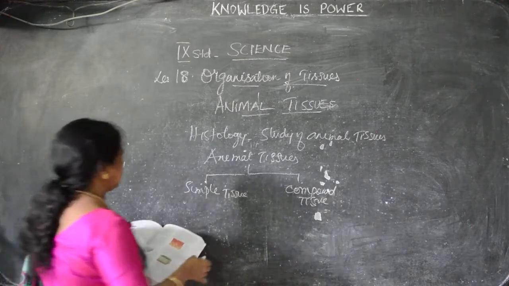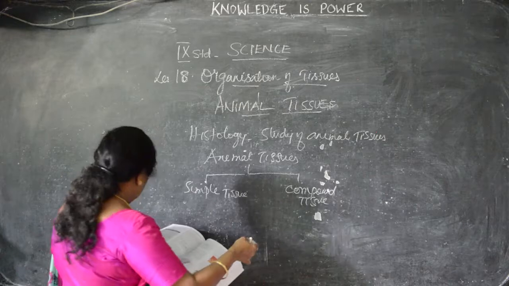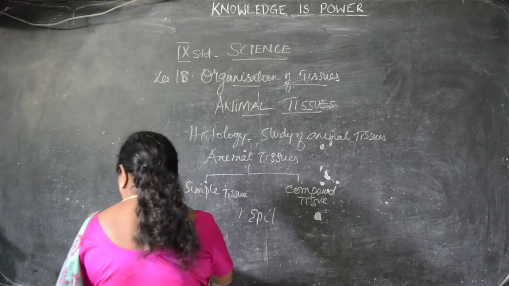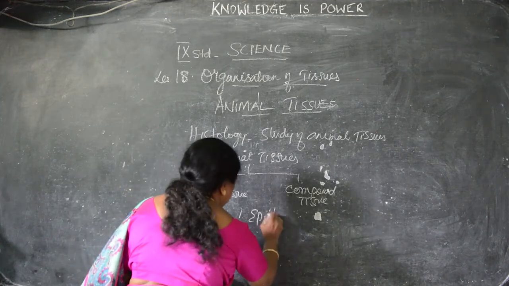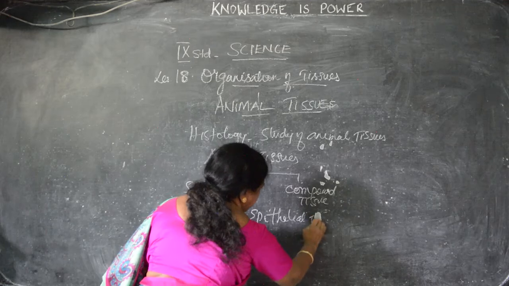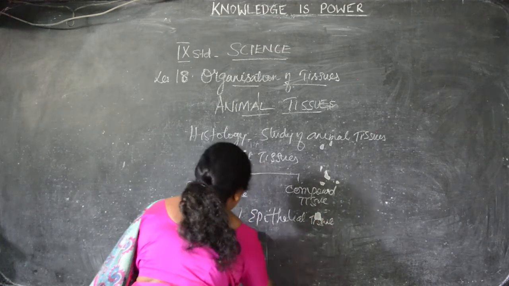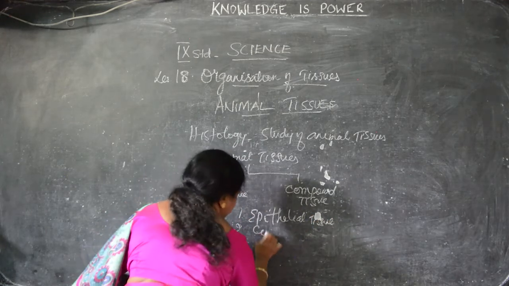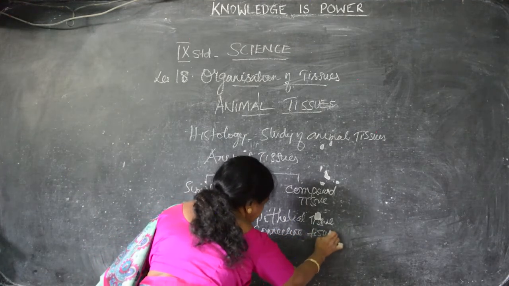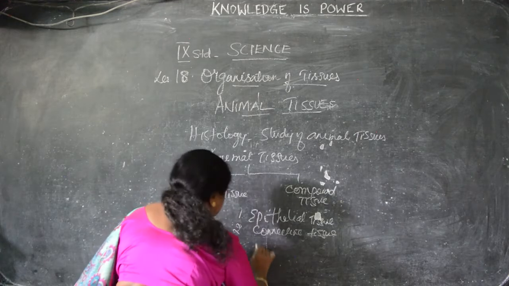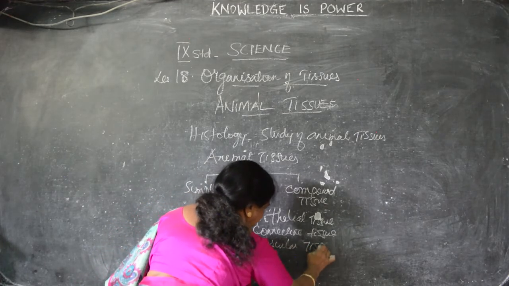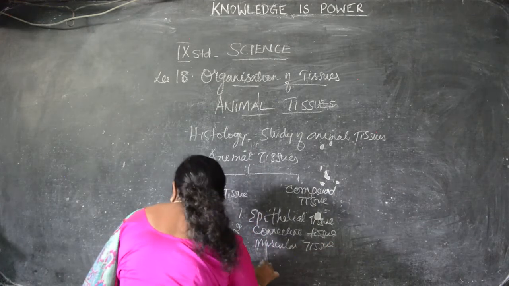That is, what are the things? Epithelial tissue, connective tissue, muscular tissue, and the last one is nervous tissue.